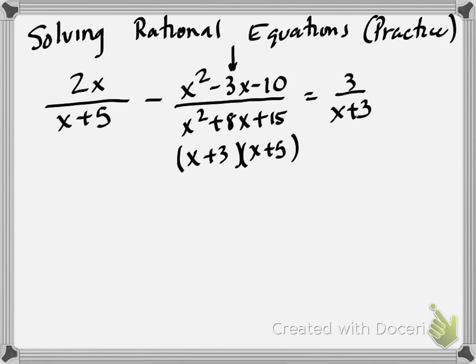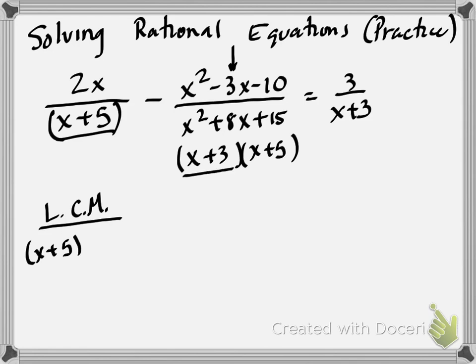Now remember, I'm trying to find the LCM of all of the denominators. So basically, we need to have every single parenthesis accounted for. In order to do that, I look and say, in my LCM, I don't have an x plus 5, so I'm going to add that to my LCM. I look at the second denominator, the first parenthesis. Do I have an x plus 3 in my LCM?